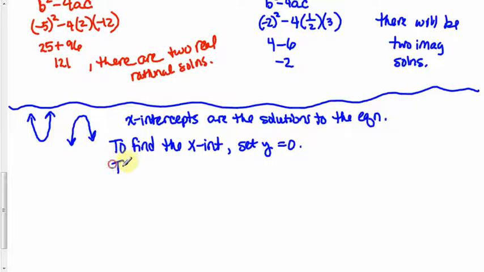To find the y-intercept, and I love this, I get to tell you a little secret. To find the y-intercept, you would set the x equal to 0, but really, we don't have to.